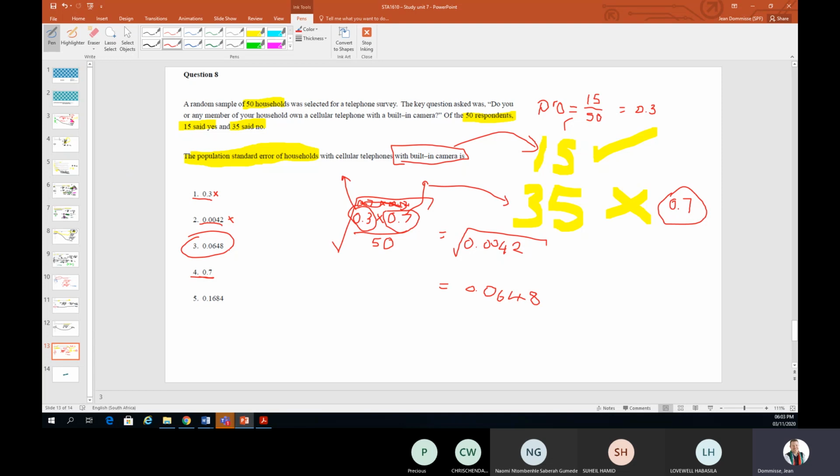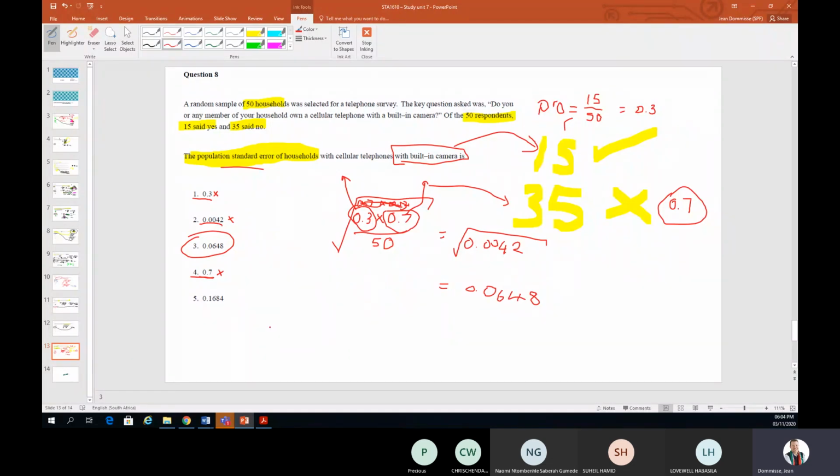The only difference is that the P you would have used as the original would be 0.7, but because on the other side you go 1 minus 0.7, you're actually working with the same numbers. So if you did it the other way around, you would still have gotten the same standard error.